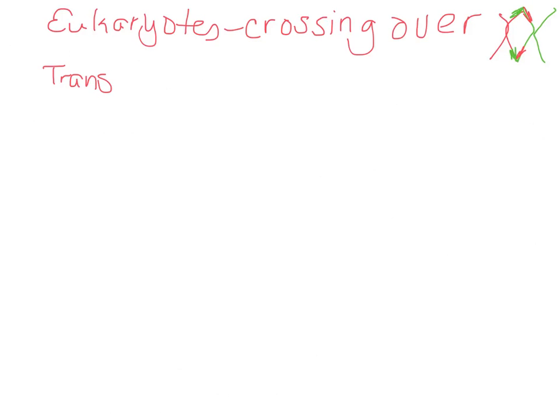With transformation, this was the example with Griffith's experiment, where we looked at the encapsulated bacteria versus the ones that were not encapsulated. In transformation, we know that genes are transferred from one bacterium to another. But what happened here is that the newly acquired genes were picked up by the living bacteria from the environment.